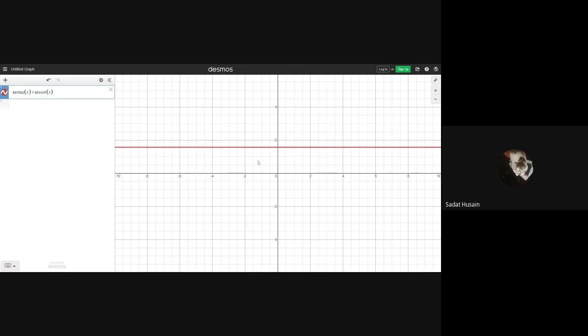Do you see the straight line? The y coordinate is always π/2. Whatever the x coordinate changes to, the y coordinate is always π/2. And we showed this using the mean value theorem.